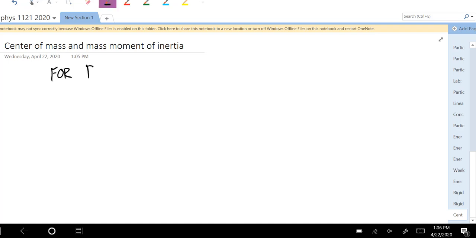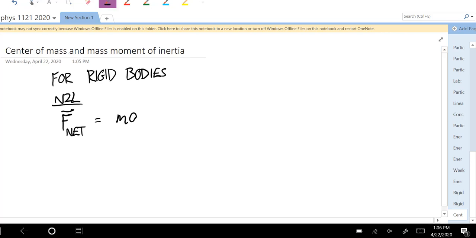So for rigid bodies, we still have Newton's second law. And that says that if you add up all the forces on whatever body you're isolating, that's equal to the mass of the object times the acceleration. We're used to that idea, but now we have to be very clear about what point of the acceleration we have.